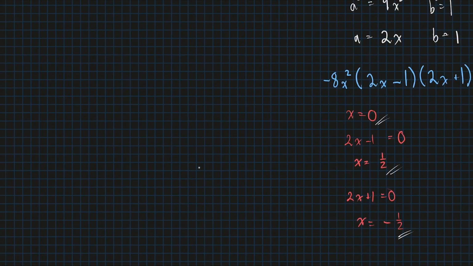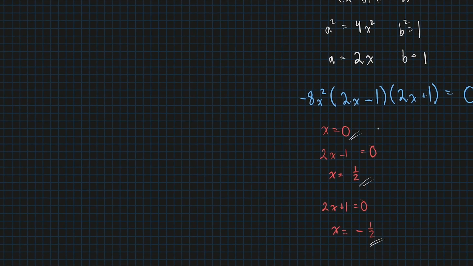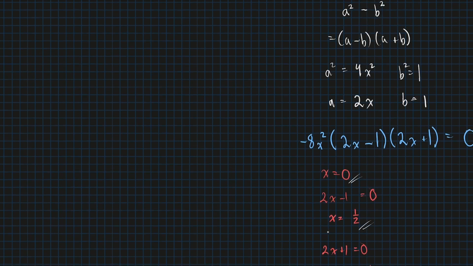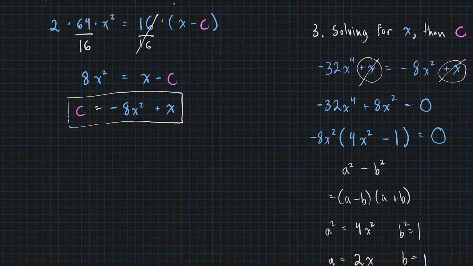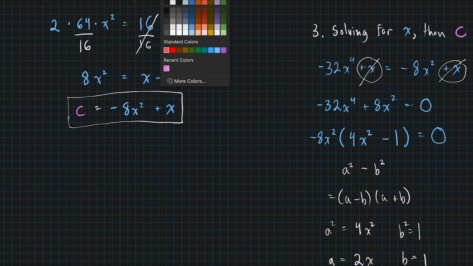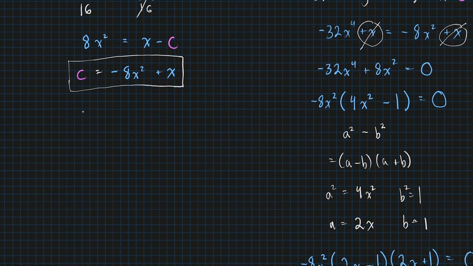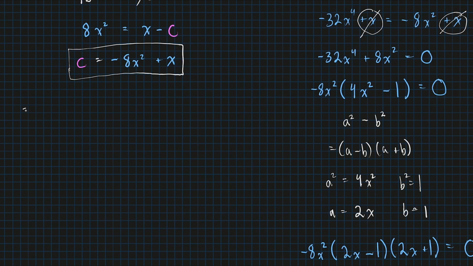So let's do that now. Now our job is to just, quote, do the math. We have values of x that x can take on when these equations are true, and we can just plug it in to get our value for c. So let's do that. So number 3, continued, finding c.